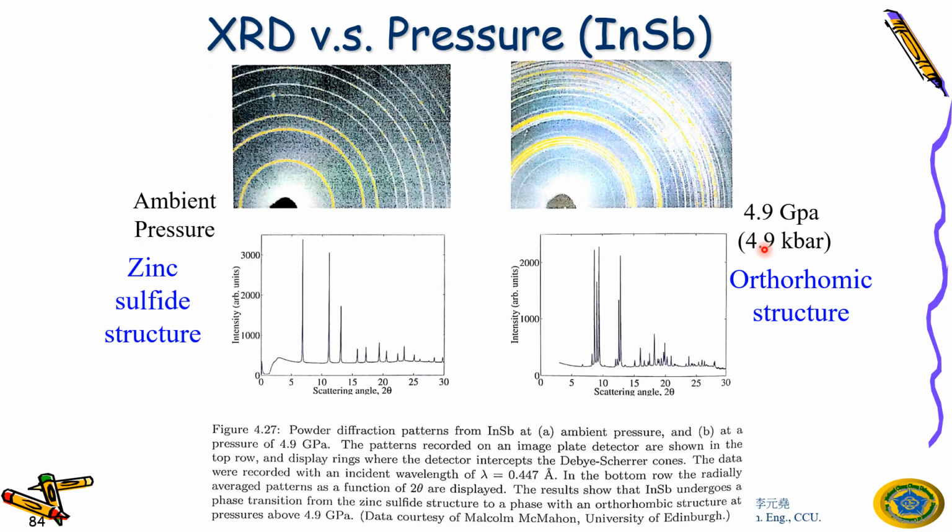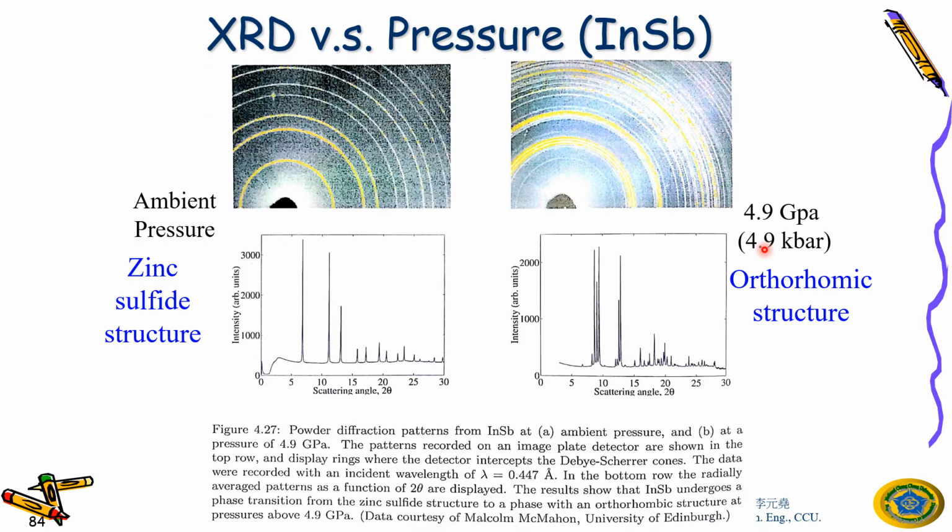Also, the X-ray pattern will be affected by pressure. If I have a very heavy pressure, the packing of the atoms will change, so the diffraction pattern will also change, right?